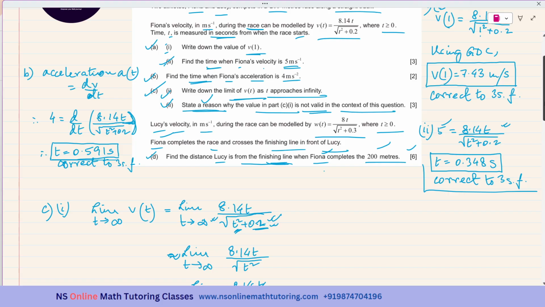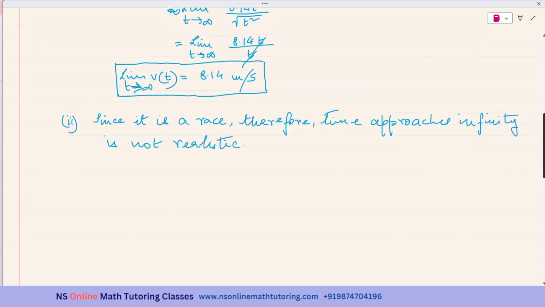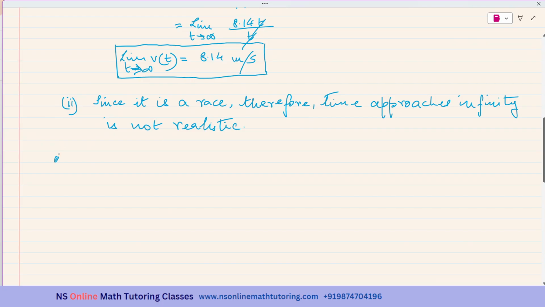So first of all, let us write the equation. So for Fiona, 200 meters, it is the distance, and the velocity expression is given, so it will be the integral to get the distance or displacement rather, and we have to find the time.